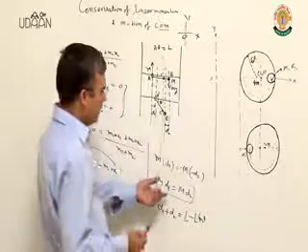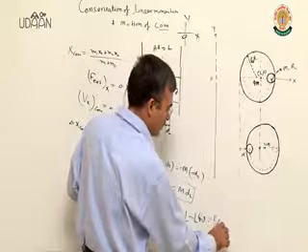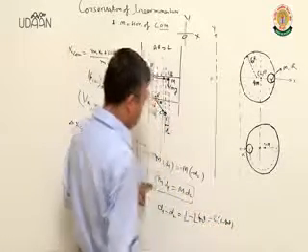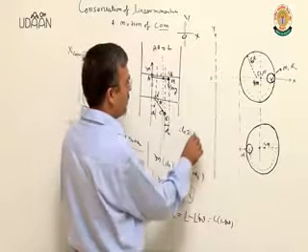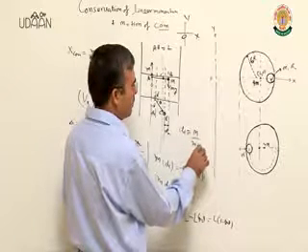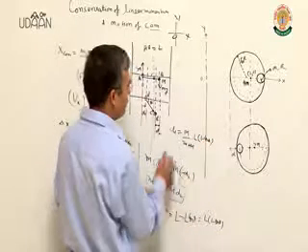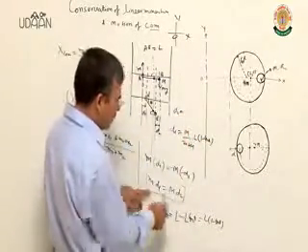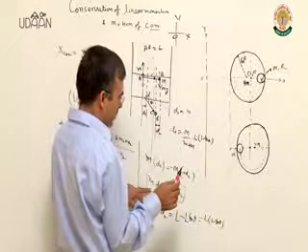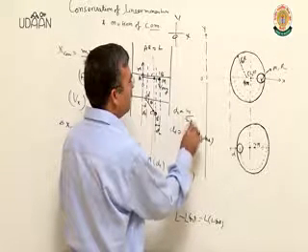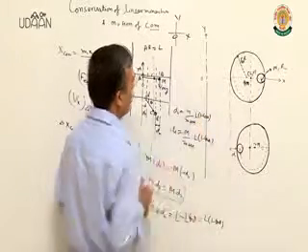So you can calculate d1 and d2 easily from these two equations. It is 1 minus cos theta. Clearly d1 will be equal to capital M divided by small m plus capital M into L into 1 minus cos theta, and d2 will be equal to small m divided by small m plus capital M into L into 1 minus cos theta.